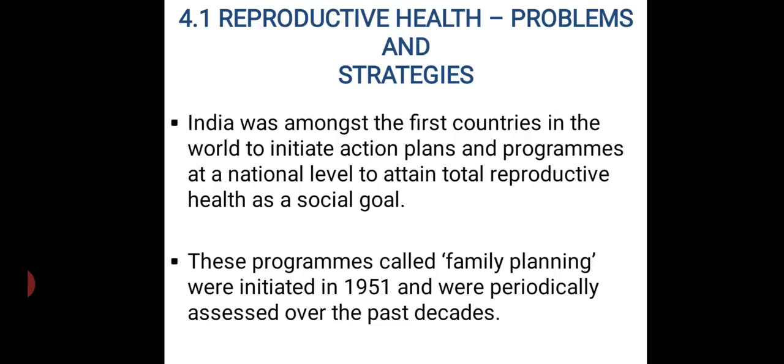As you know, there's a very popular slogan, hum do hamare do, which is related to contraception, or you can say population control. So these programs called family planning were initiated in 1951 and were periodically assessed over the past decades.